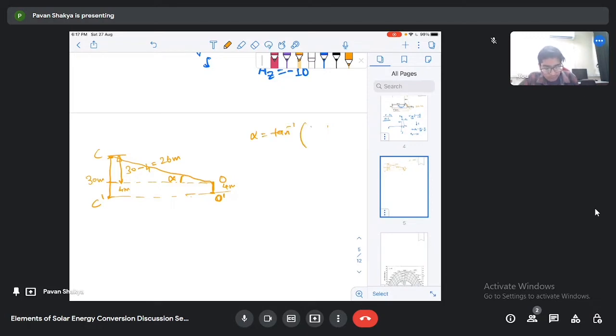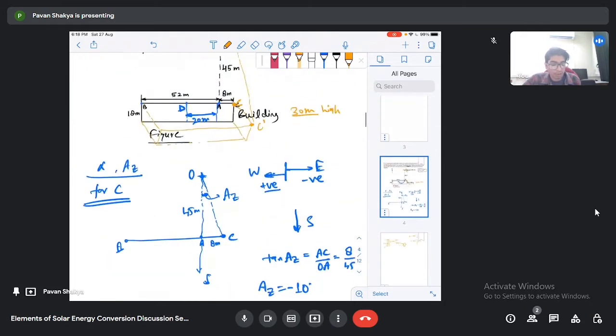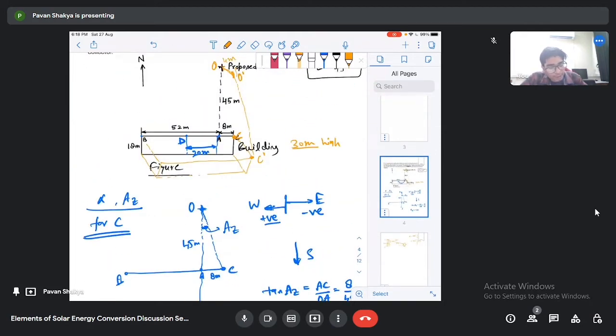Suppose we give the name C double prime to this point. Then alpha will be tan inverse of C double prime divided by C double prime O. If you put these values, it will be 26 divided by this OC double prime, or we can say O dash C dash, which we don't know, but in the problem it is given that OA is 45.